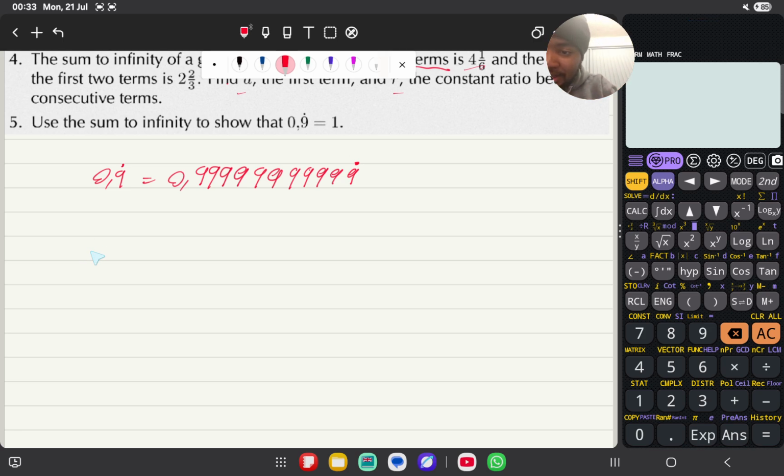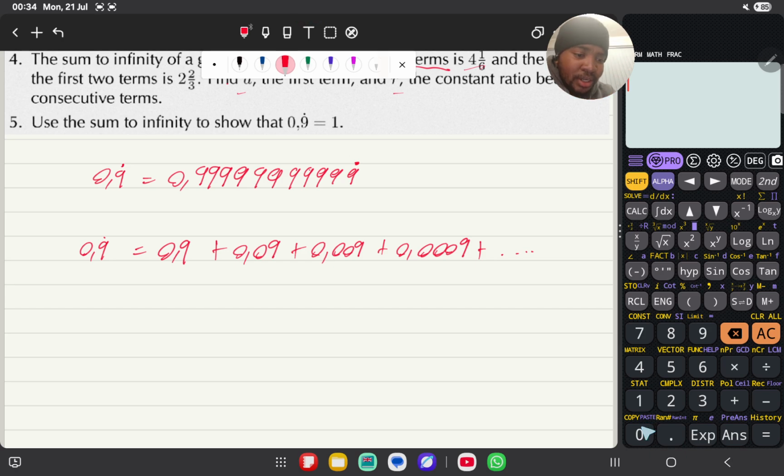I can say 0.9 recurring is equal to 0.9 plus 0.09 plus 0.009 plus 0.0009, right? Plus, right?